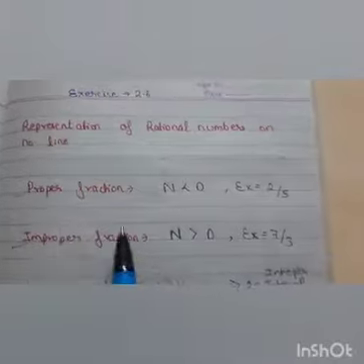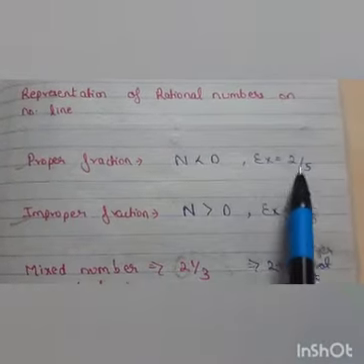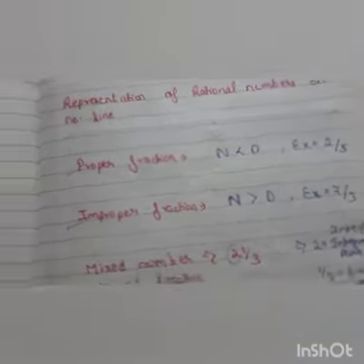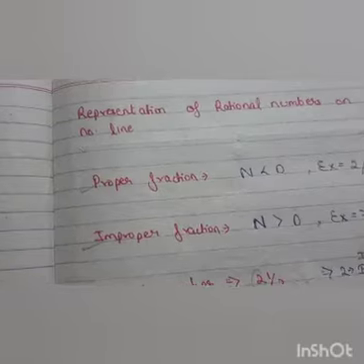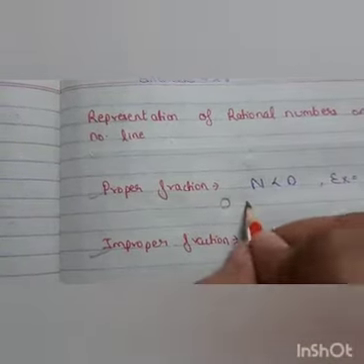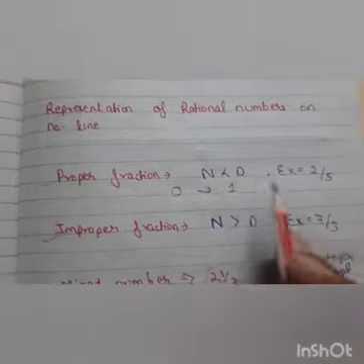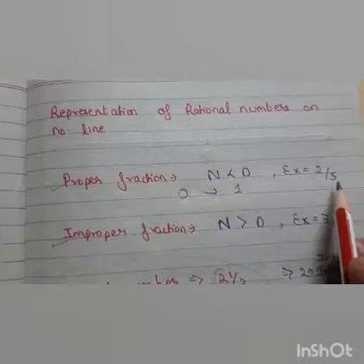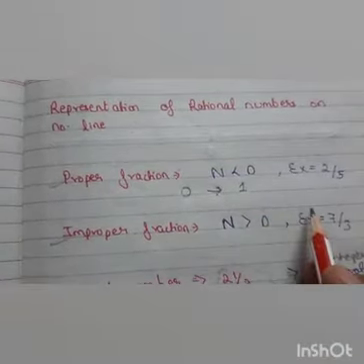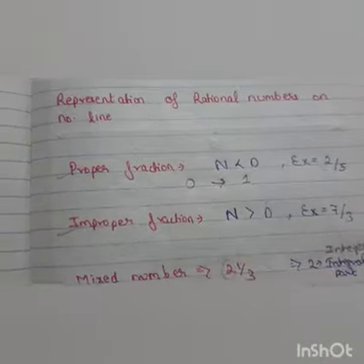We have just read what proper fractions are. When the value of the numerator is less than the denominator, these are known as proper fractions. Now one thing which you always need to remember, proper fractions always lie between 0 and 1. That means whenever any proper fraction is given and it is asked to represent this number on a number line, it will always lie between 0 and 1.